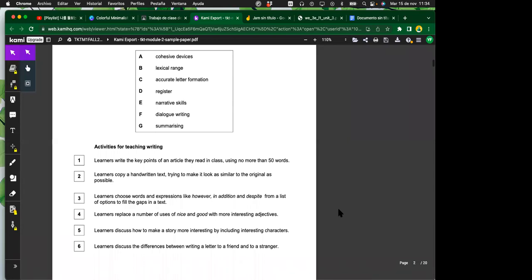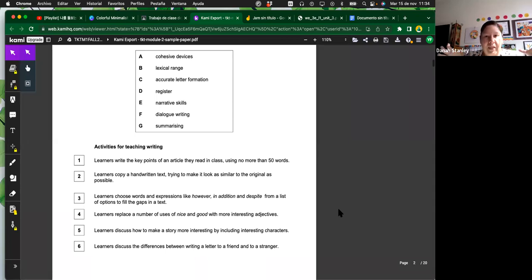Is it scanning? Summary. I read and I repeat what the text is about. Así me voy a ir cuando tengan su examen, les voy a estar haciendo así.